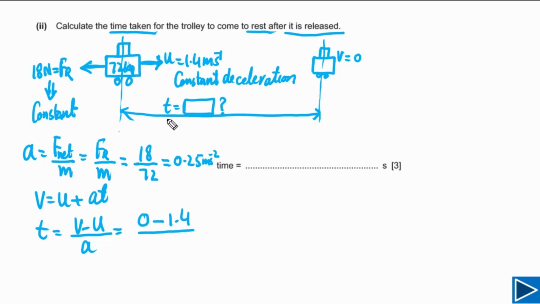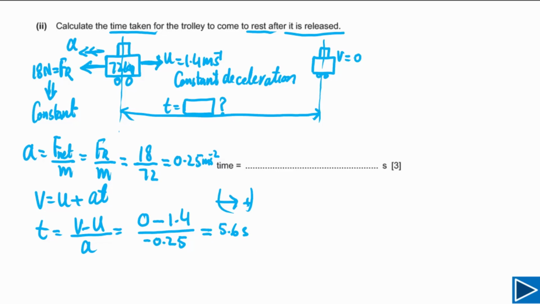If we take to the right as positive, then u is positive, but a is the deceleration, which is to the left, so this is negative. So this is negative 0.25. If we solve this, our final answer will be 5.6 seconds, and this is the final answer.